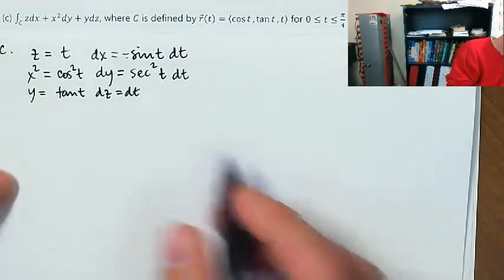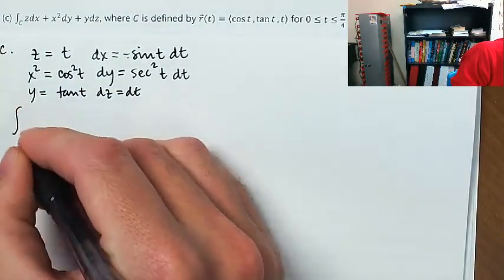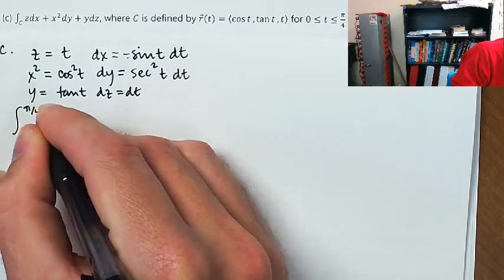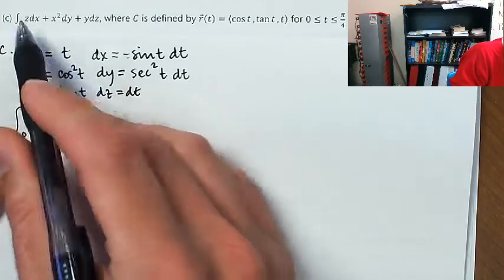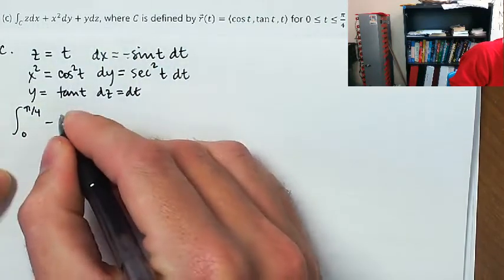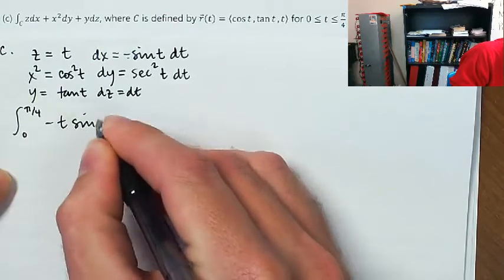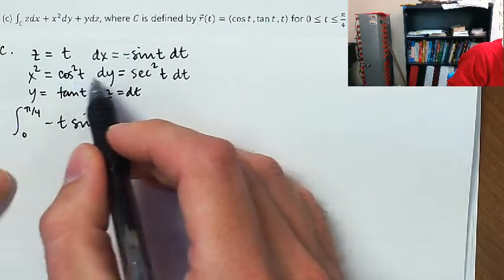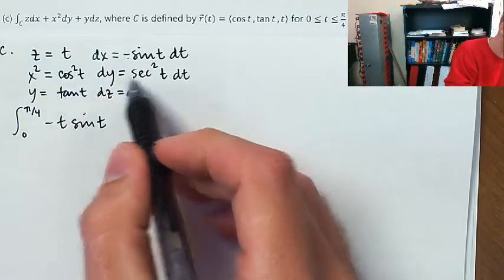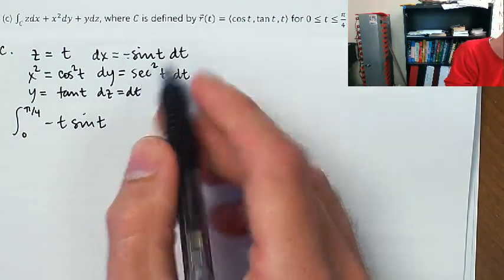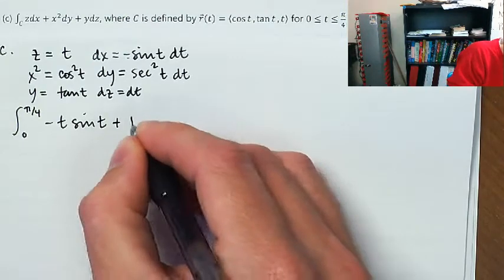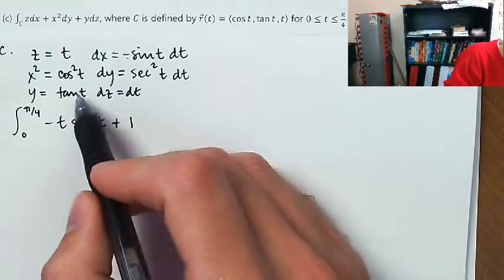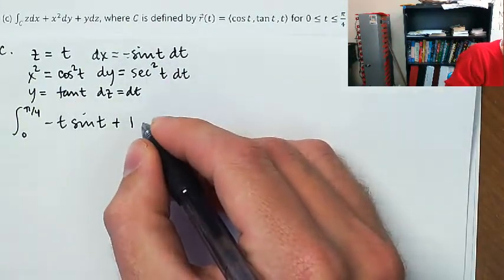So in total, I'm going to have the integral as t runs from 0 to pi over 4 of z dx, that's negative t sine t dt, plus x squared dy. Well, x squared dy is going to be cosine squared t times secant squared t, which is 1 dt, plus y dz is tangent t dt.